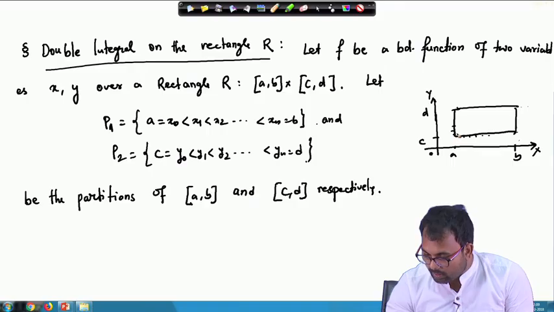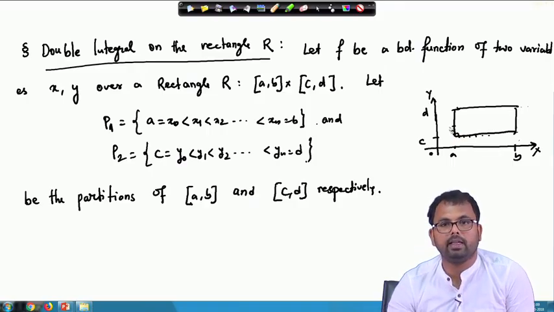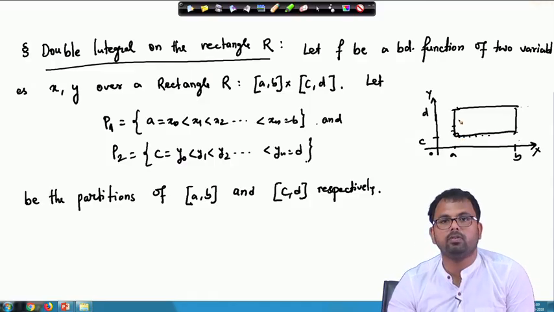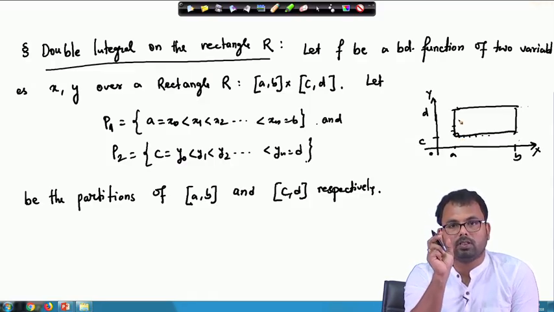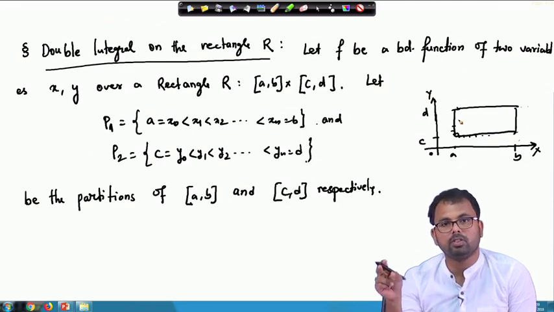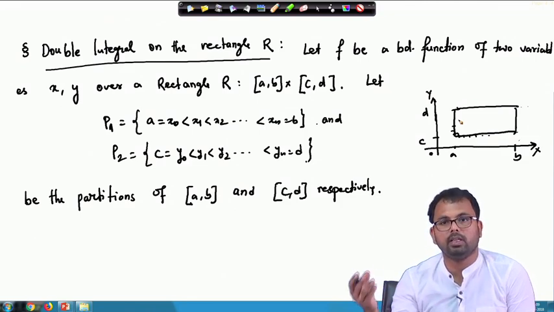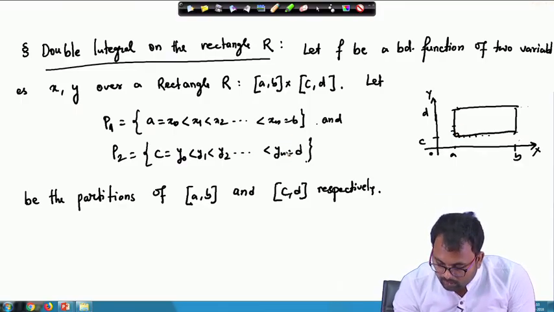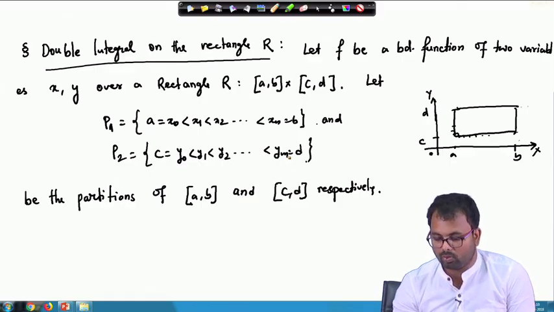Now, this x0 to x1 and y0 to y1 is one such tiny rectangle. Then we have x1 to x2 and y1 to y2, which will be another rectangle. In a way, here we will have a rectangle, otherwise it will be a square.